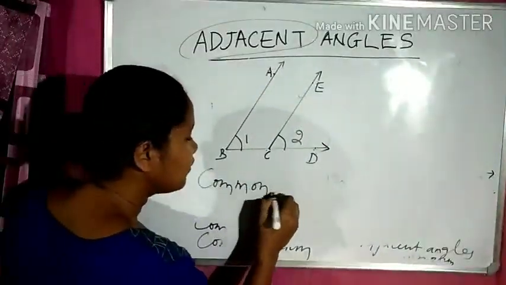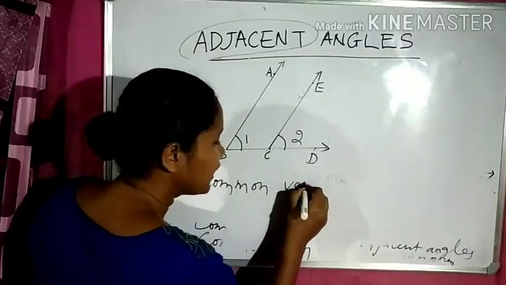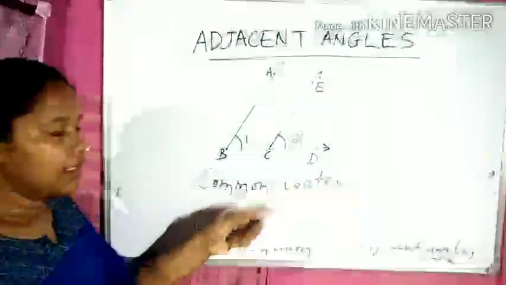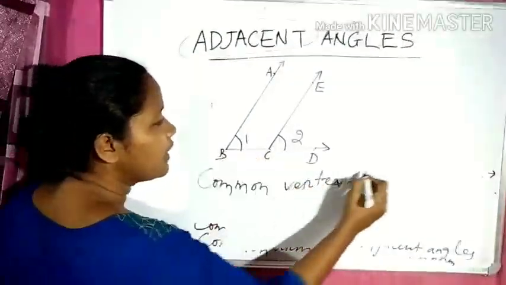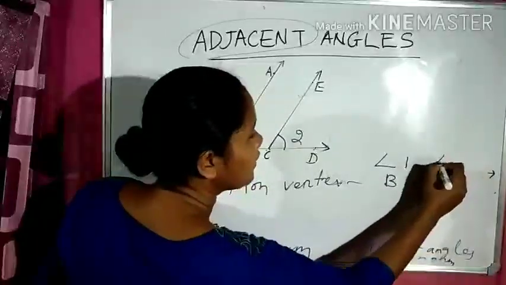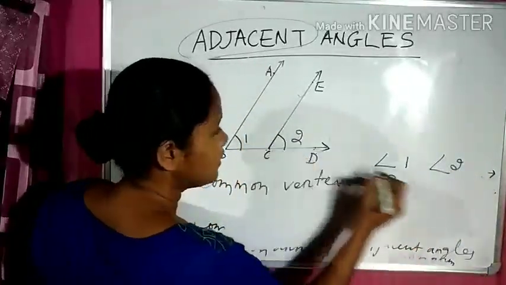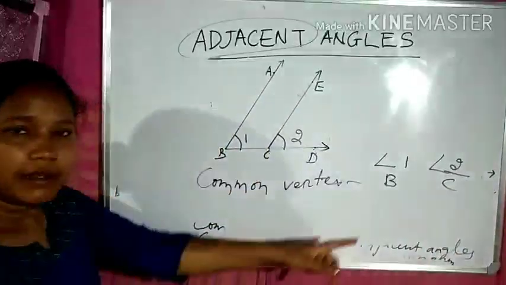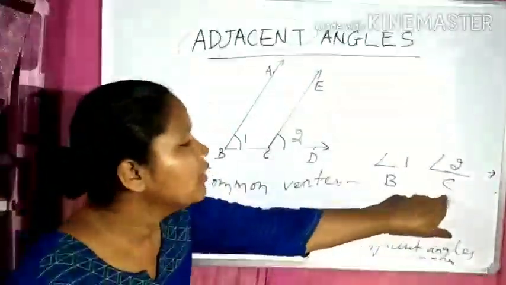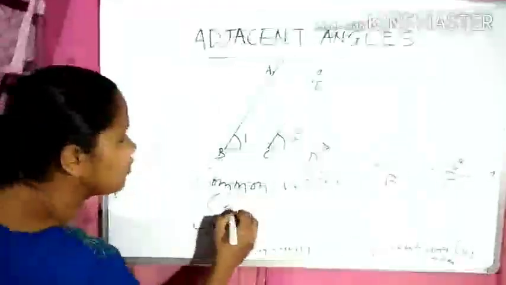For adjacent angles, what do you need? A common vertex. Do they have a common vertex? Let's see. Angle 1 has vertex B. Angle 2 has vertex C. So they have different vertices, which means they don't have a common vertex. Next we'll see the common arm.